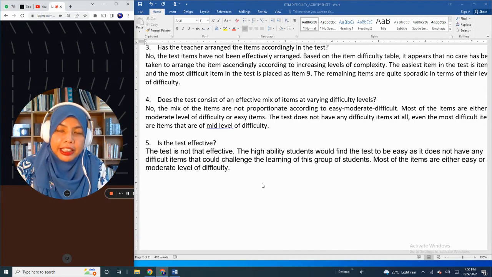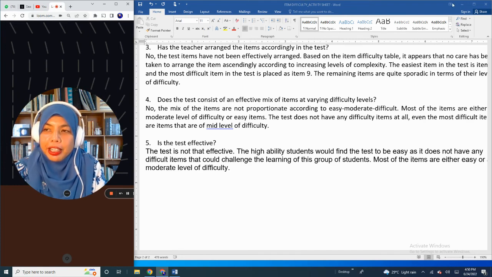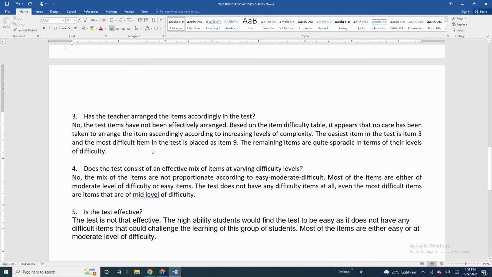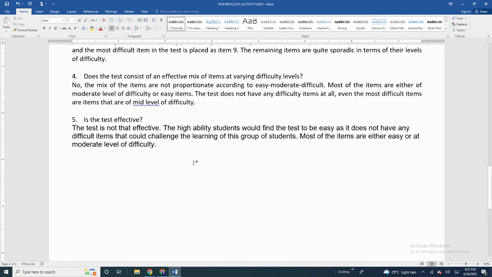I have taken the time to provide the answer for number 5. Question 5 seems a bit similar, almost like a repetition of item 4, but what I want you to do is provide your conclusion based on the information you have provided, particularly your explanation for item 4. So for item 5, is the test effective?